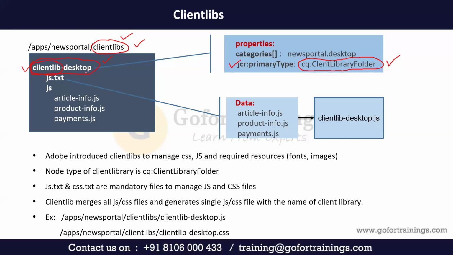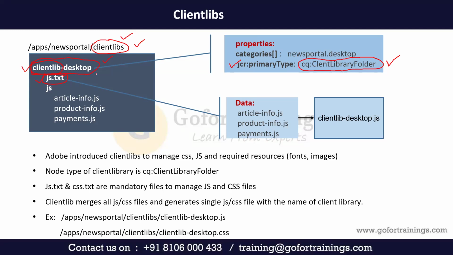Once you create a client library using cq:ClientLibraryFolder, inside the client library we have to create js.txt and css.txt. You can use both, but at least one .txt file is required.